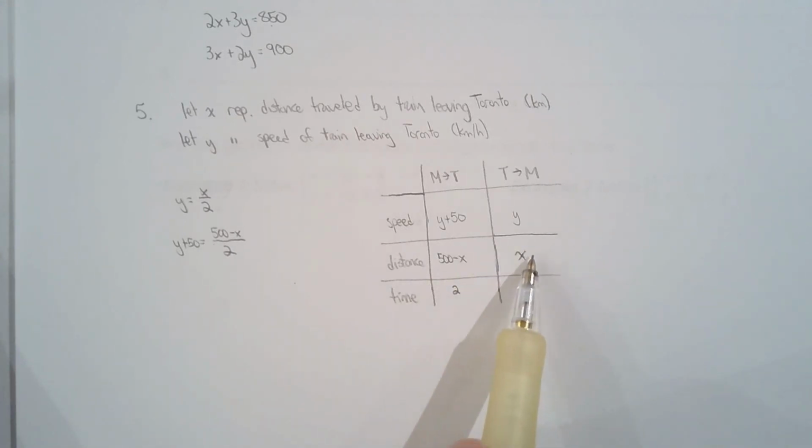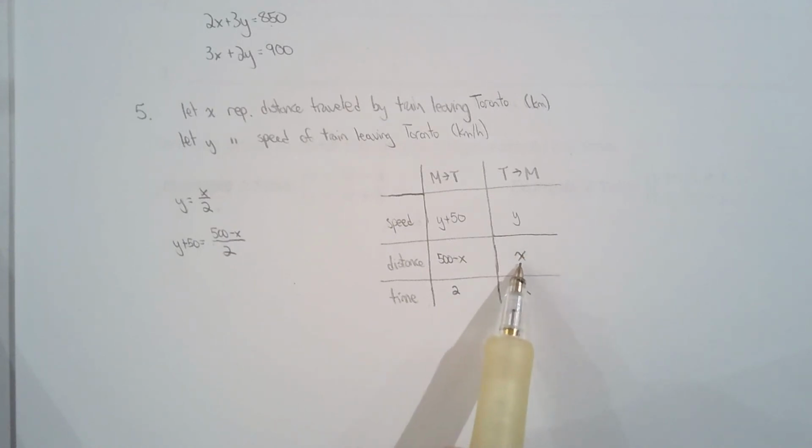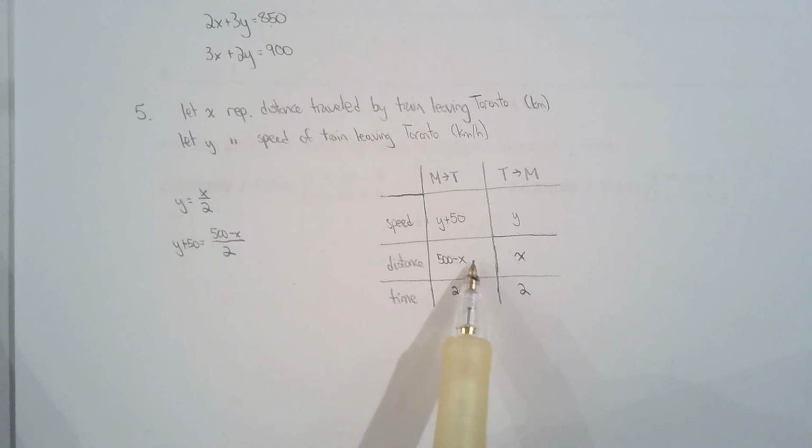So if that's the case, you want to let x be your variable here, because x is the distance of how far the train from Toronto travels. Because if you let x be in this cell, you will find the distance away from Montreal at which the two trains pass one another.